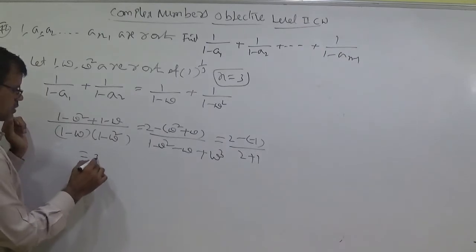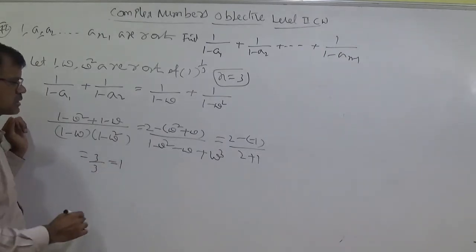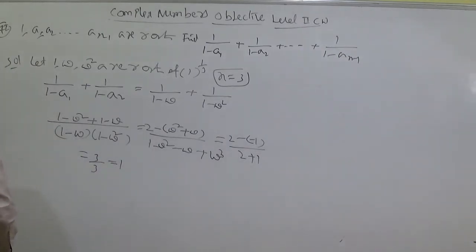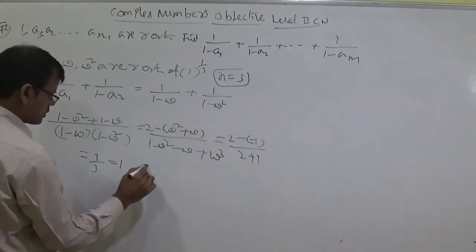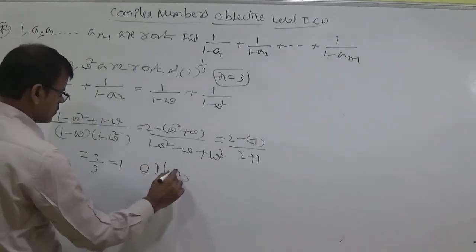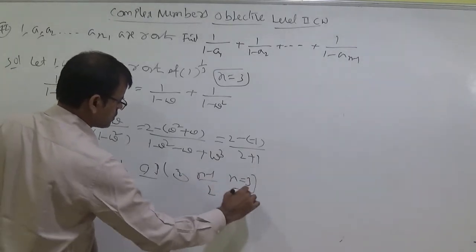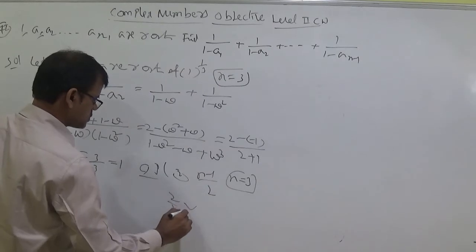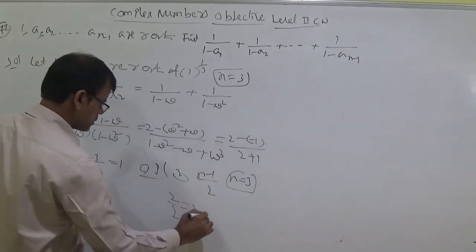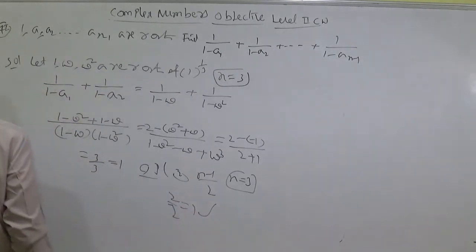So 3 by 3, it is 1. Option 2, verify: n minus 1 by 2. So n is equal to 3 we have taken, so it is 2 by 2, answer is 1. Apart from this one, no option will be satisfied.